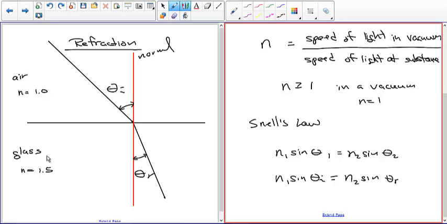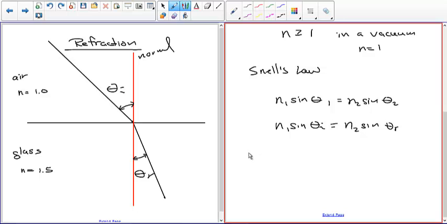So if we know the angle of incidence and we know the two materials, we can calculate the angle of refraction. So let's just do a problem. Let's say theta incidence is 30 degrees, N1 is 1, and N2 is equal to 1.5. What is the angle of refraction?